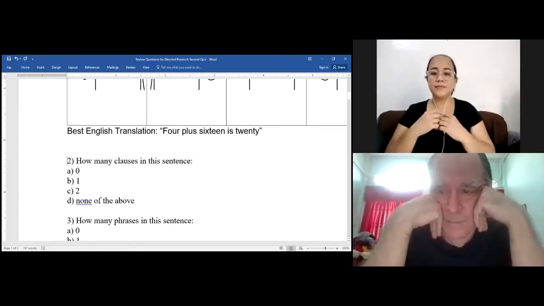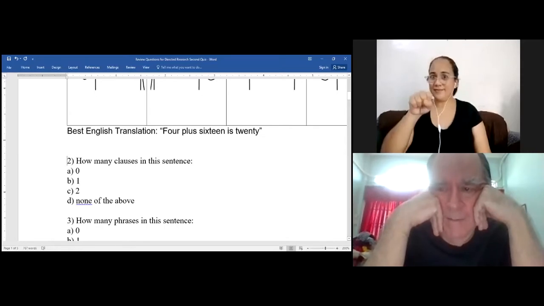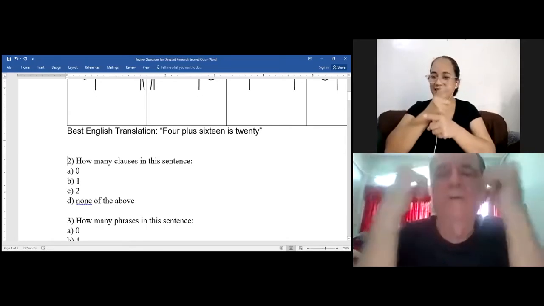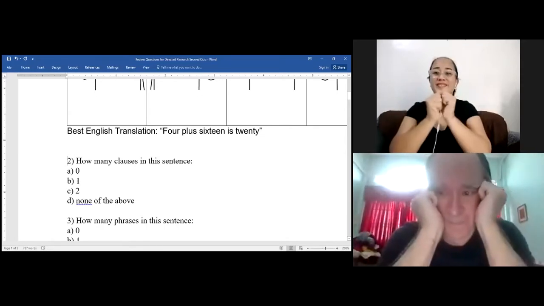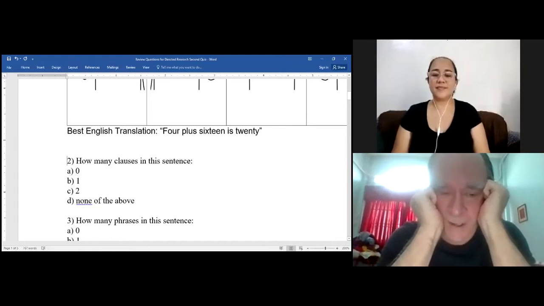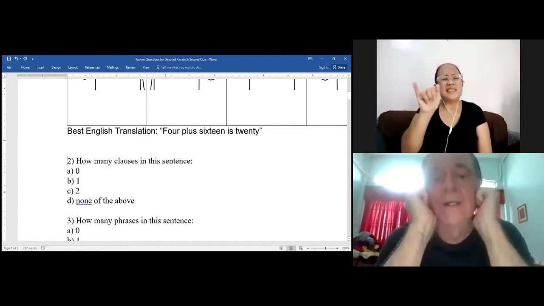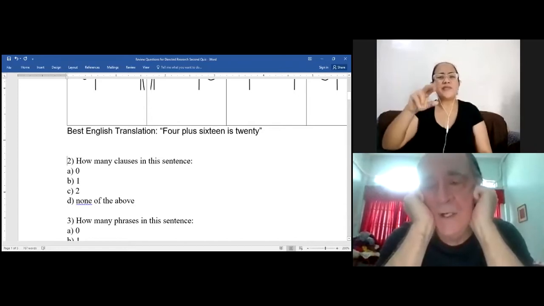A phrase is two or more signs together. Right. And a clause is like a phrase, but each clause must have a subject and a predicate.